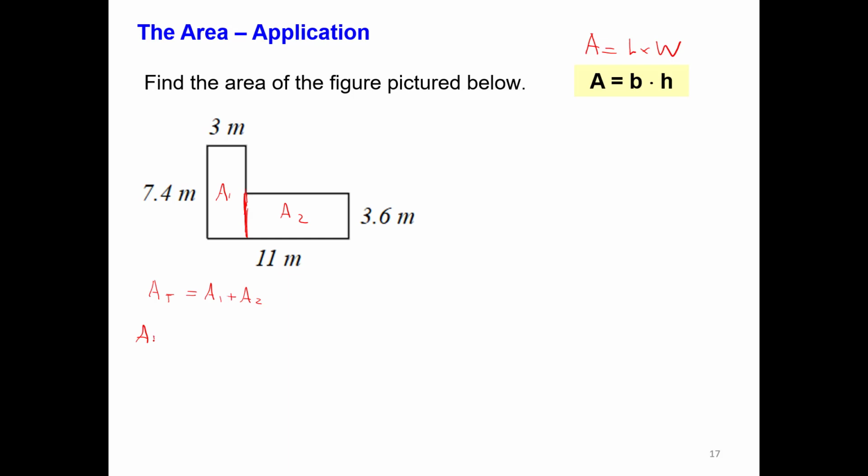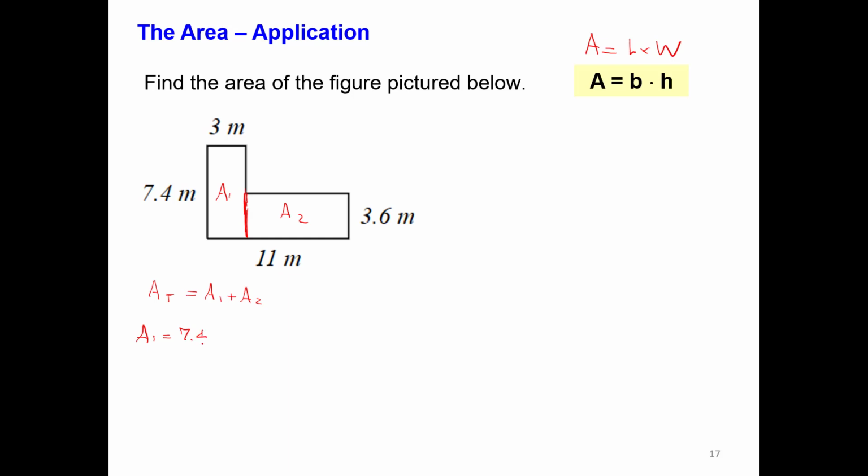Then let's calculate the first area. It's length times width, or base times height, the same thing. Then we need to multiply 7.4 times 3. And again, we will take care of the units at the end.